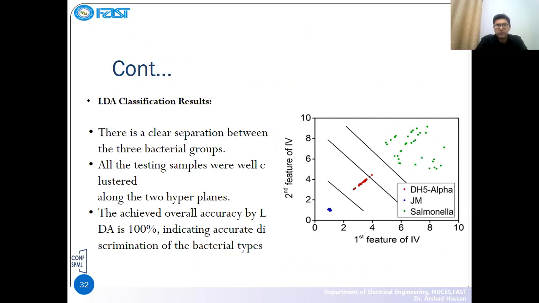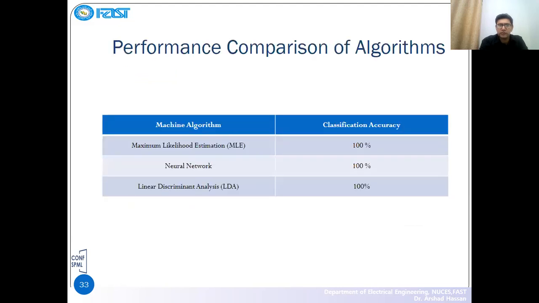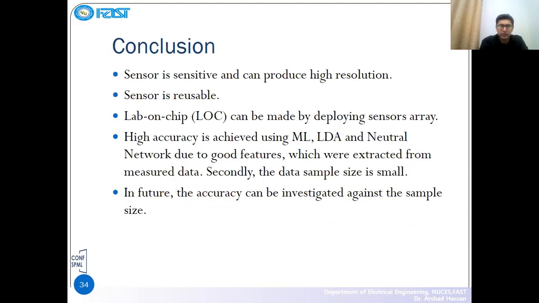All the testing samples are well clustered along the hyperplanes. So the achieved overall accuracy is 100%. You can see the classes are well separable. So this indicates 100% accuracy, indicating accurate discrimination of bacteria types. So all the algorithms achieved 100% accuracy.